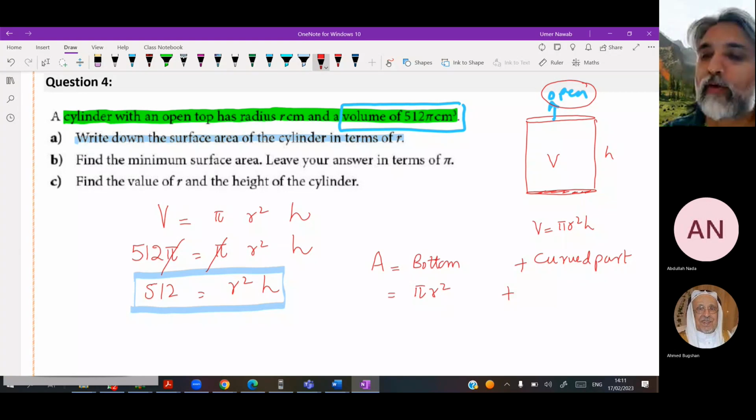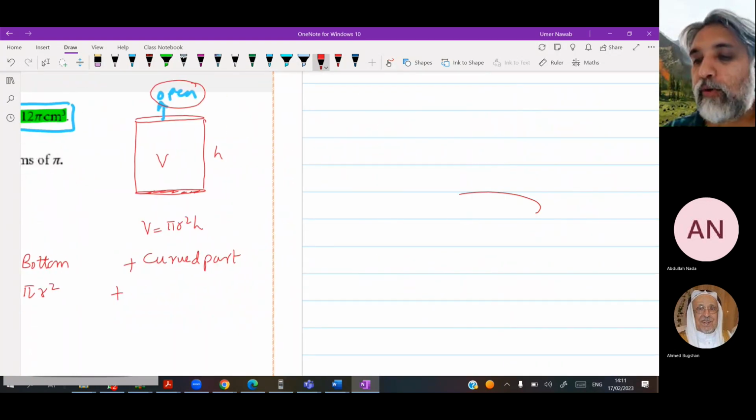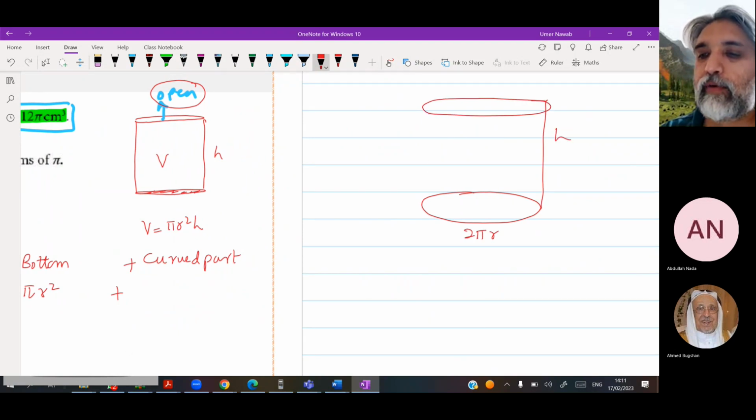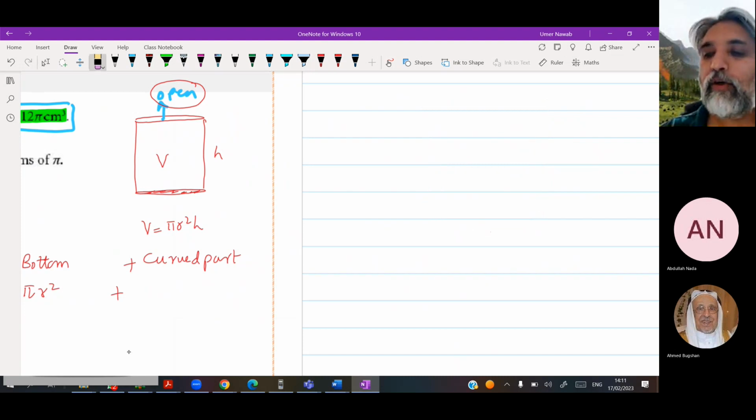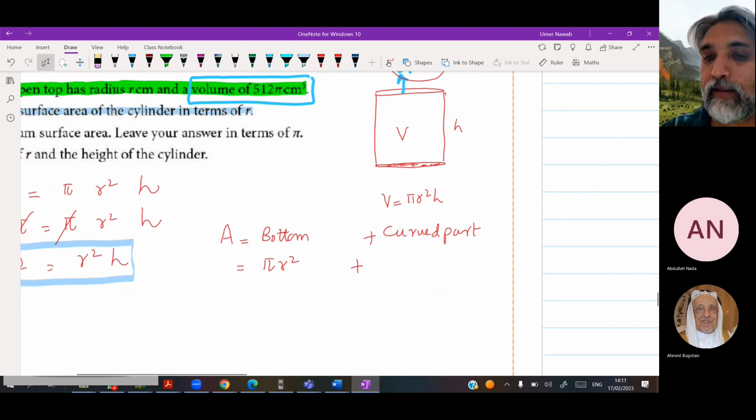For the curved part, you remember in IGCSE, I told you, you need to find the circumference. The circumference is 2 pi r, multiplied by h, and that will give you the curved surface area. So the curved surface area formula is 2 pi r, the circumference, times height.